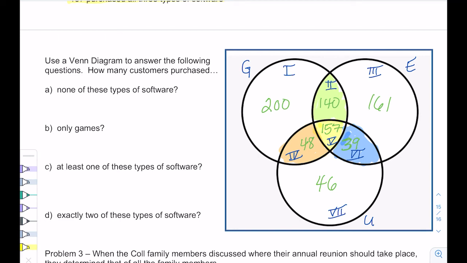And I'm going to subtract that from 893, which was the total number of people surveyed. And that's going to give me 102. So that would represent the people that didn't buy any of those games, educational software, or utility programs. So that is the answer to letter A.